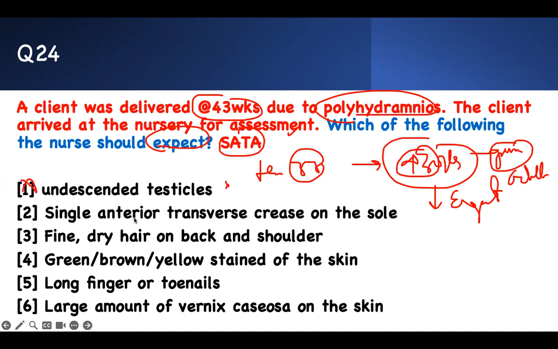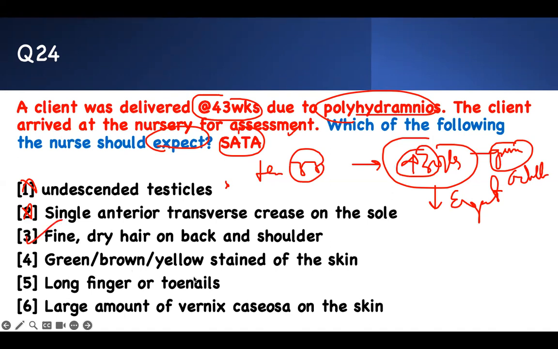Single anterior transverse crease on the sole? They will have multiple creases. So this is not an adult feature. Fine dry hair on the back and the shoulder? What do you think? They're looking like adults now. Yes, adult features.